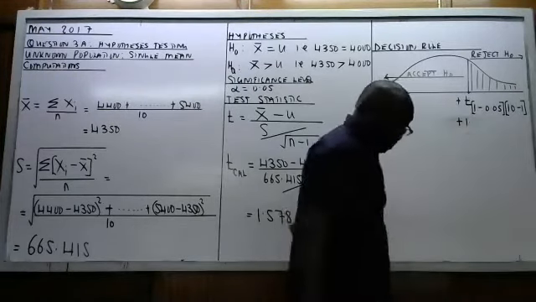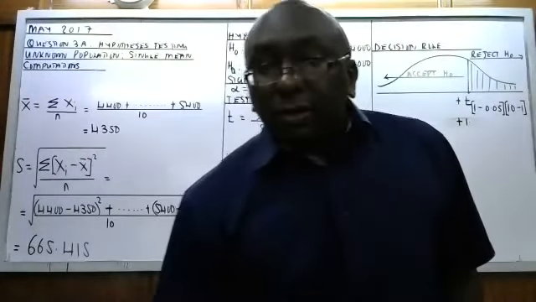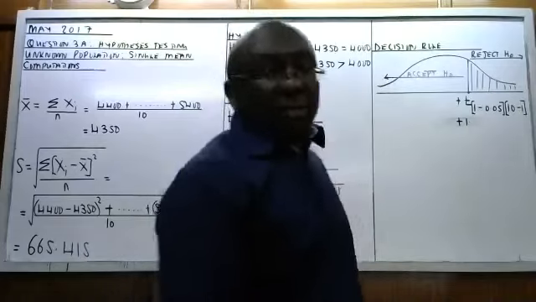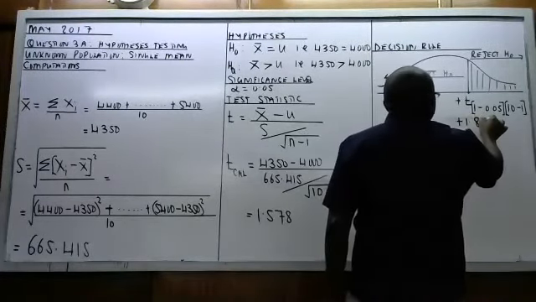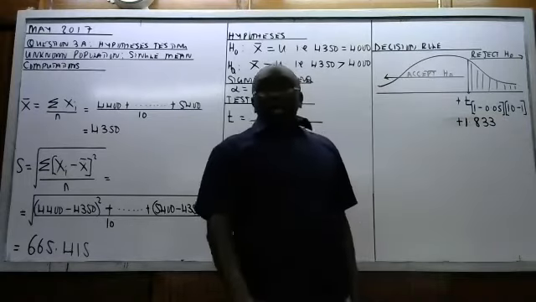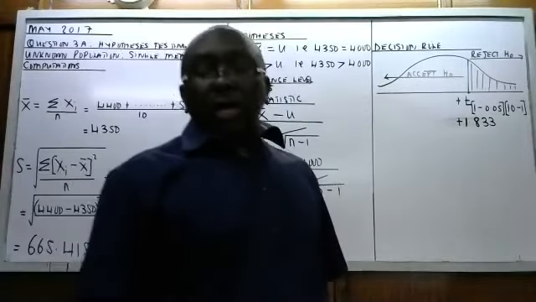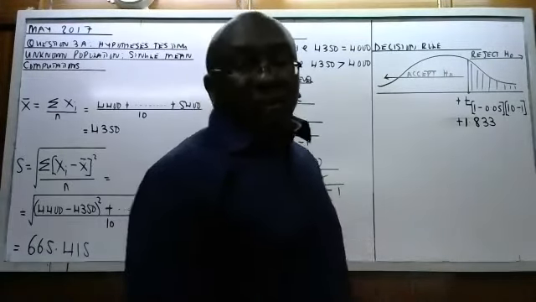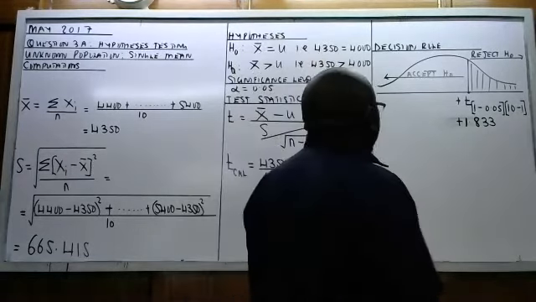Positive 1 point. So Eliana, you need to check yours. I'm getting 1.833. Eliana, are you able to confirm? Oh, okay. So that is the correct value. If your table is not clear, write 1.833.